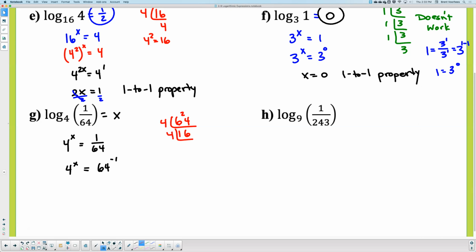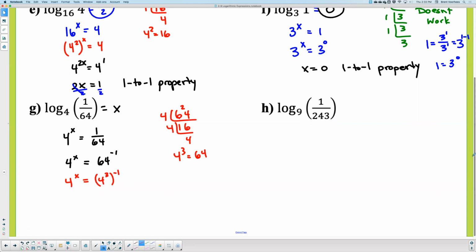Can 4 go into 16? How many times? That means 4 cubed is equal to 64. So I'll substitute that in. 4 to the x equals 4 cubed, but that needs to be raised to the negative 1 power. What is our rule when you have a power raised to a power?